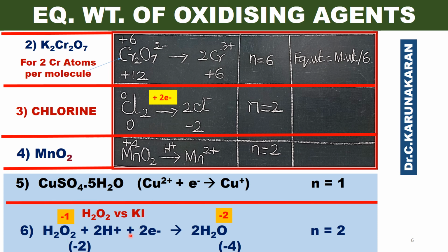In the presence of acid medium, it gains 2 electrons, and H2O2 gives H2O. So 2 electrons are gained, therefore N equals 2. Or you can say oxygen is minus 1; 2 oxygens give minus 2, and 2 H2O gives minus 4. Therefore N equals 2, the change in oxidation number or number of electrons gained by the oxidizing agent.